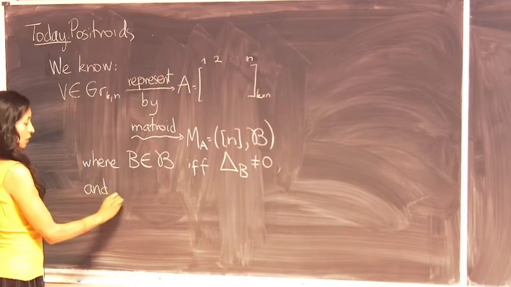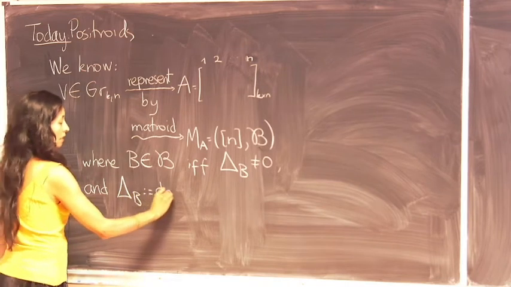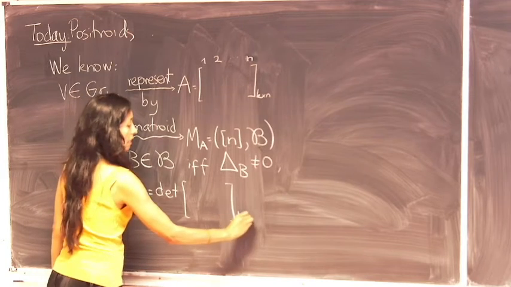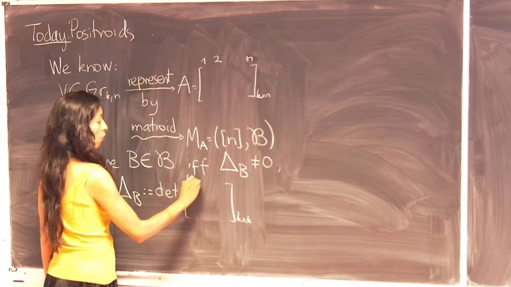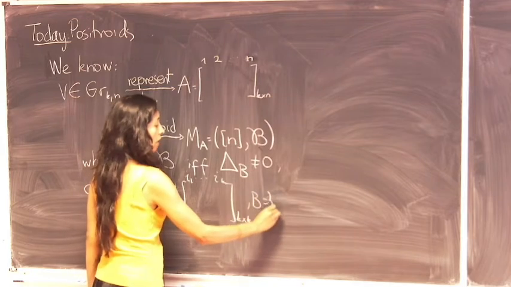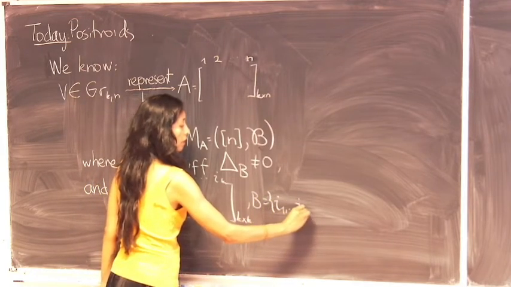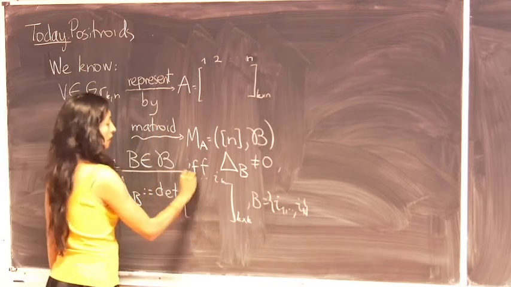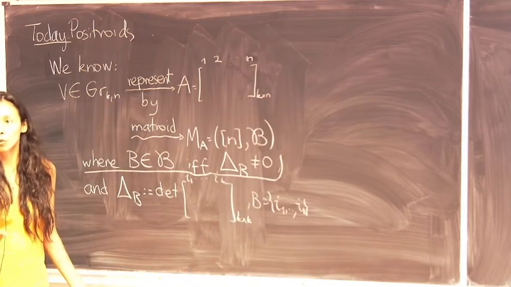This Delta_B just denotes the determinant of the k by k submatrix of A indexed by columns i_1 up to i_k, where precisely those are the elements of B. It is the condition that characterizes the bases when I have a linearly representable matroid.